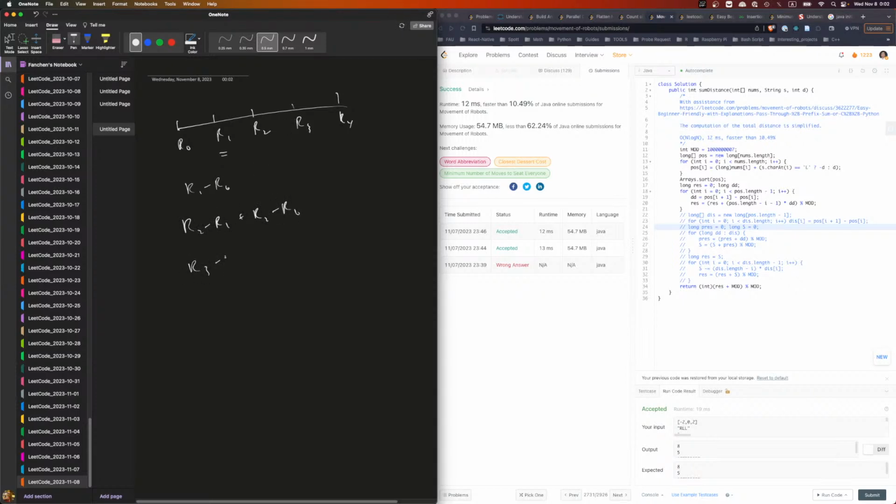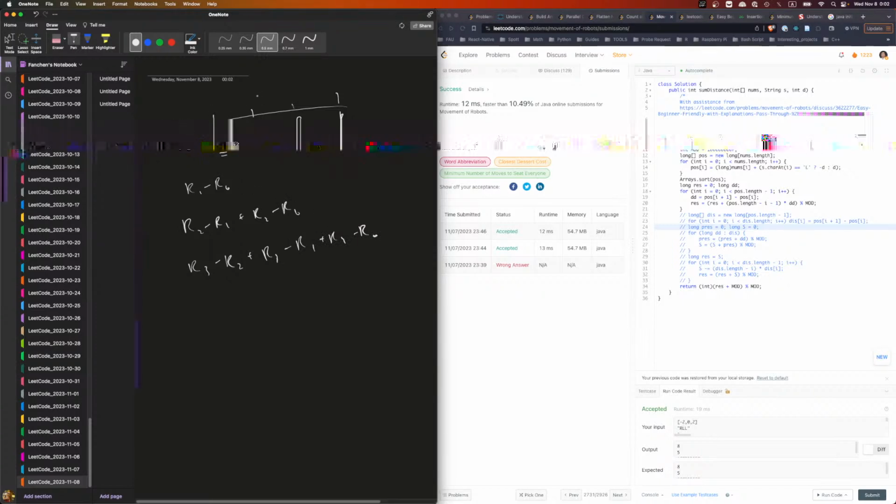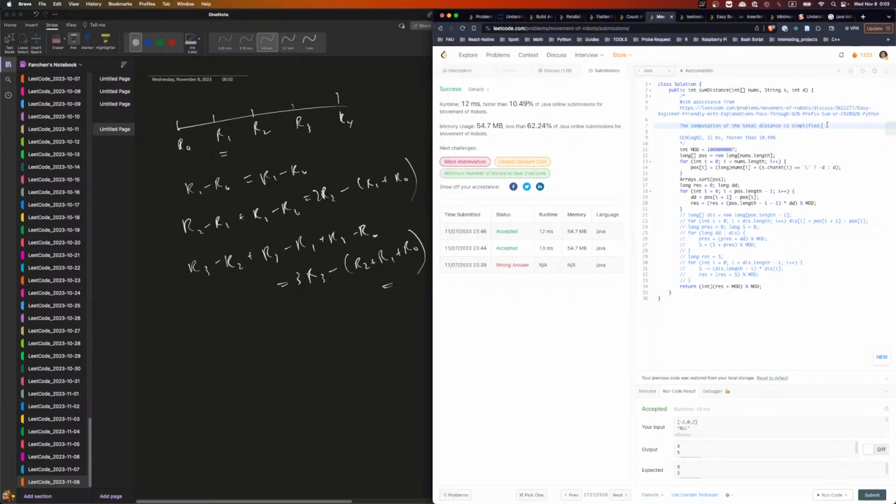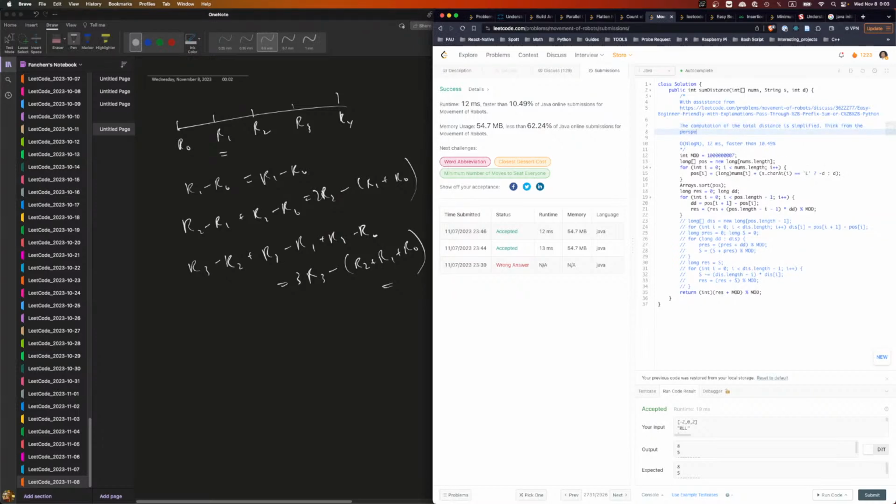Here, R3 minus R2 plus R3 minus R1 plus R3 minus R0. I know why I was not able to come up with this: I was thinking in terms of the distance, but you should be thinking in terms of the coordinates. So this is R1 minus R0. This is 2 times R2 minus R1 plus R0. This is 3 times R3 minus R2, R1, R0. So we need a prefix sum, right? Think from the perspective of positions, not the distance between positions.